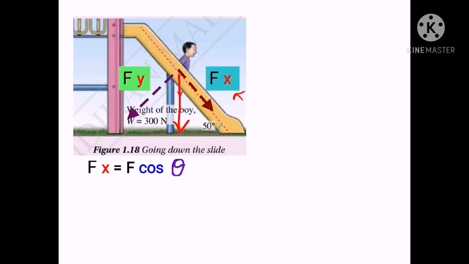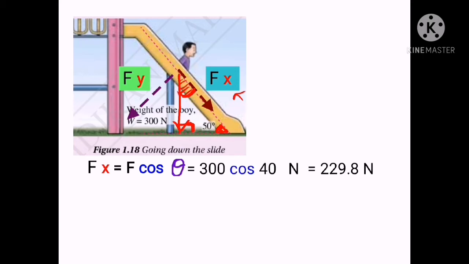And my theta should be here, in between my F and my Fx. So this is 50 degree, this is 90 degree, so this here should be 40 degree.